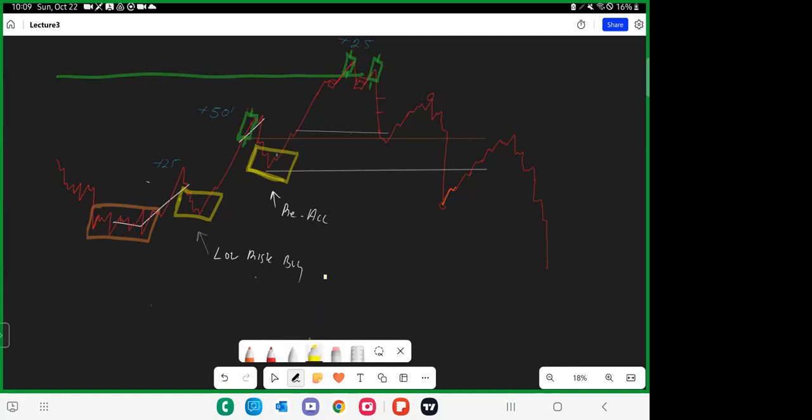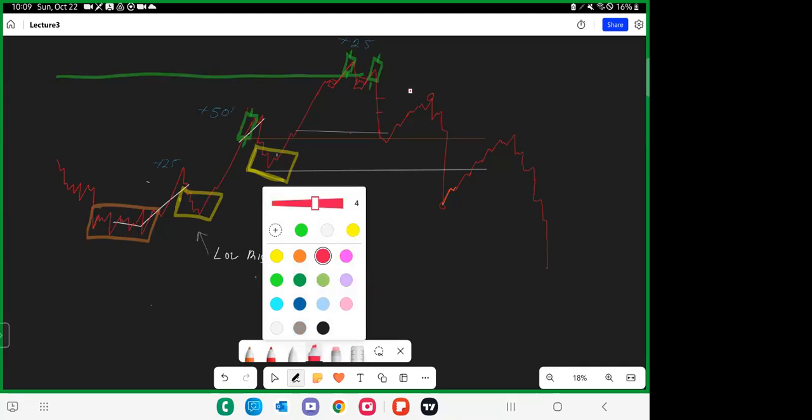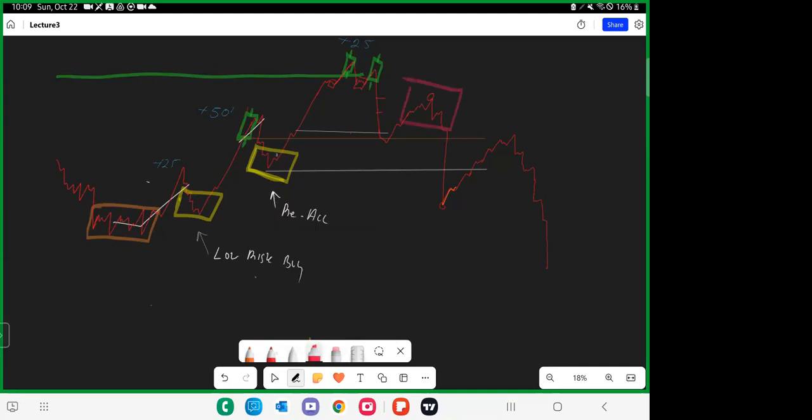Over here, low risk sell, I'll just write LRB, LRS. Low risk sell here, redistribution.